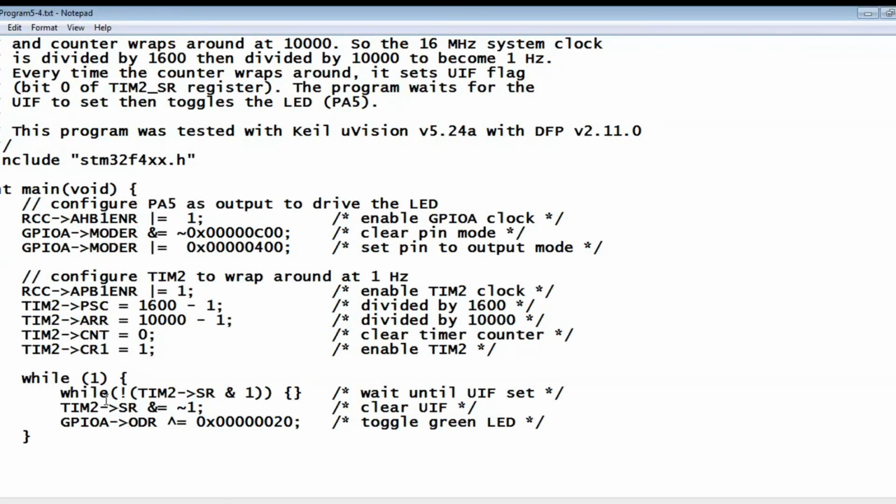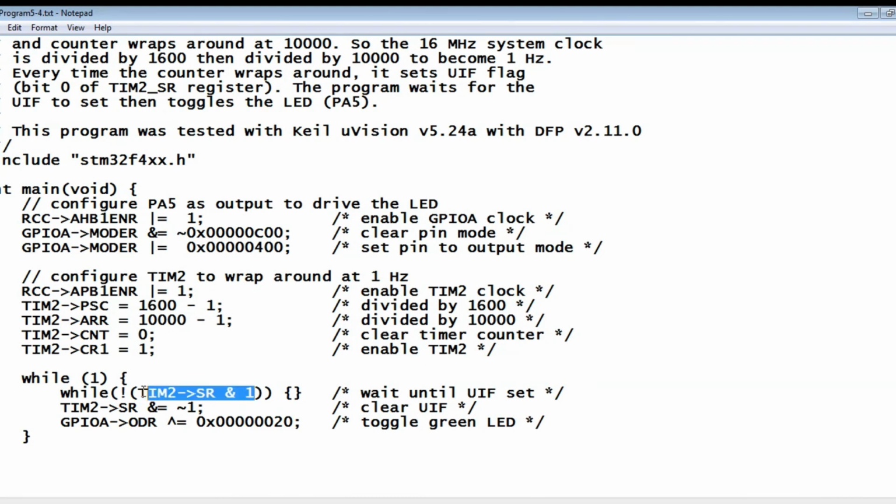Then in the while 1, what should I do? I need to wait until the timer is over. How will I identify that? You need to wait until the 0th bit of the status register is 1. That is why I am writing while not of timer 2 SR and 1.